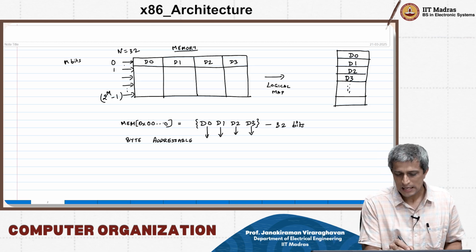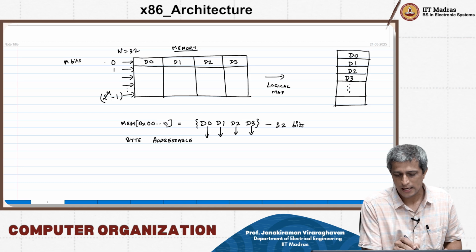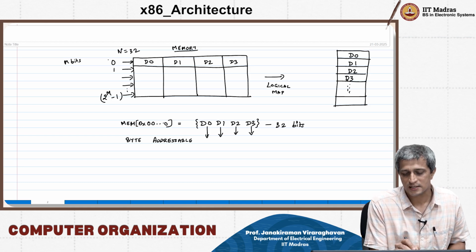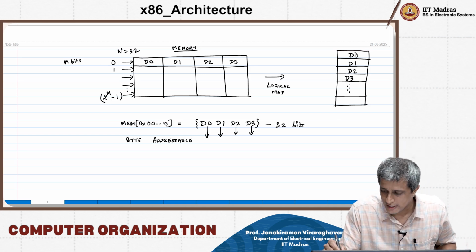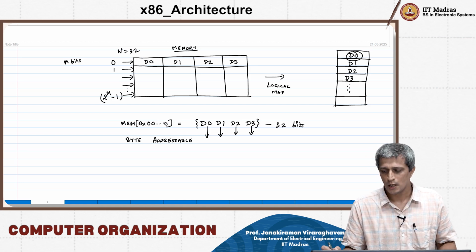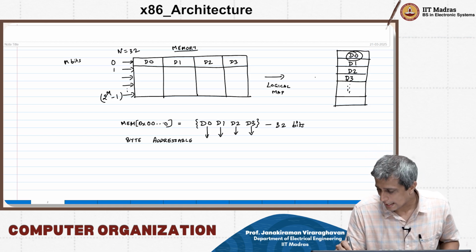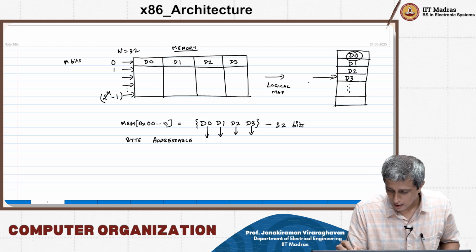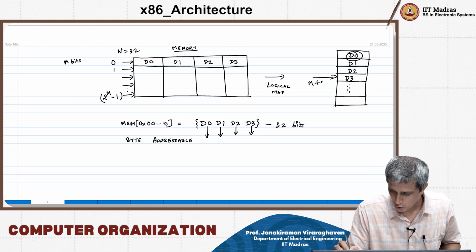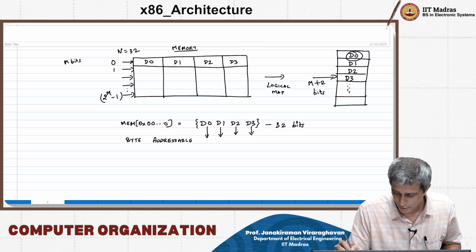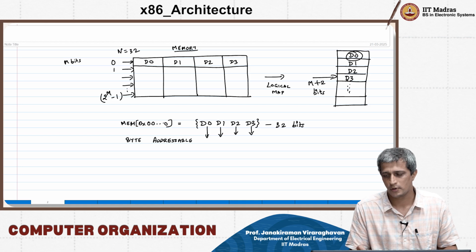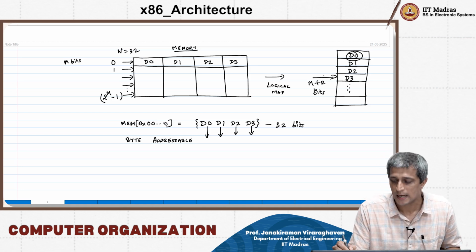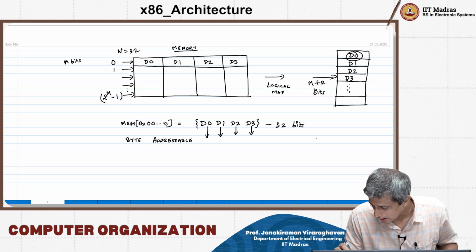So when I give address 0 and select only these first 8 bits, I will get D0 out of that, right? So in some sense this addressing now will be m plus 2 bits, because I need now to tell which 8 bits I need from this 32, right?